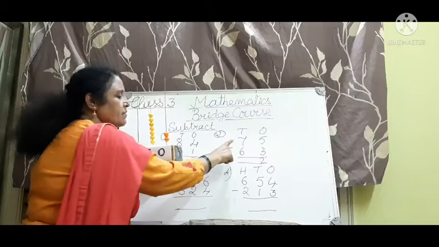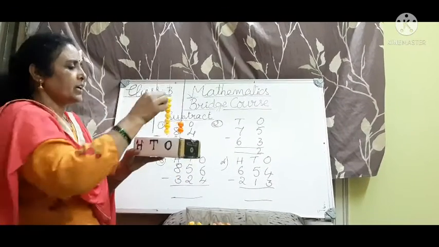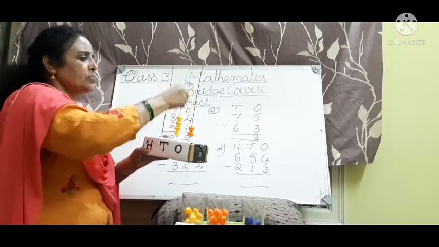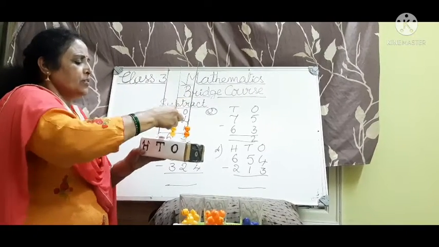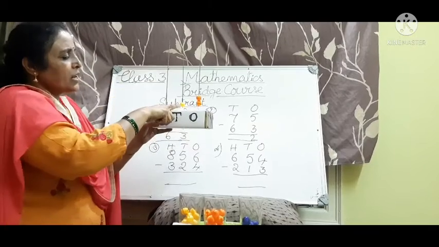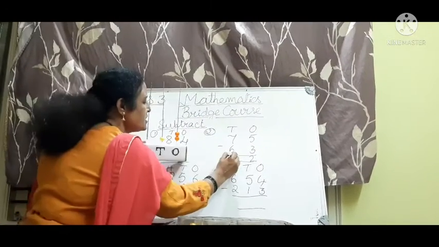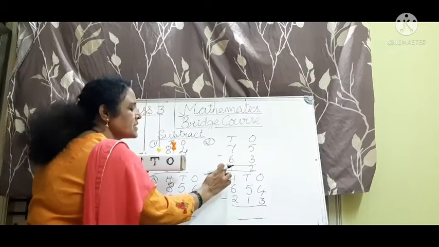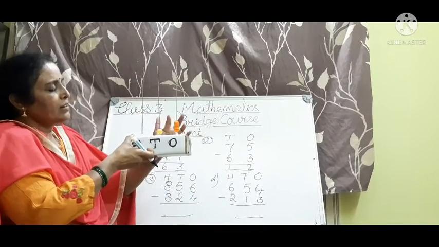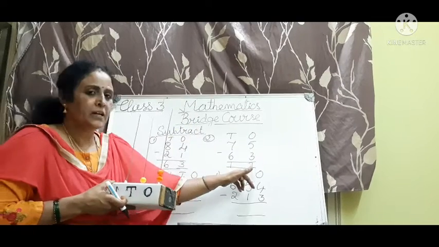Next, from 7 tens we have to take out 6 tens. 1, 2, 3, 4, 5, 6. Now how many are remaining? 1. Then write here 7 minus 6 is 1. What is the answer now? 1 ten and 2 ones. Then it will be 12.